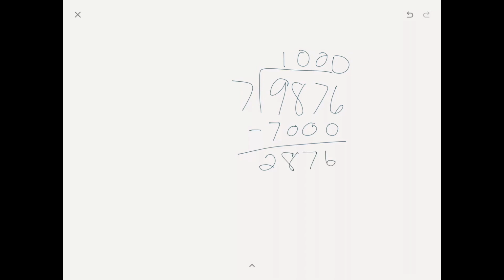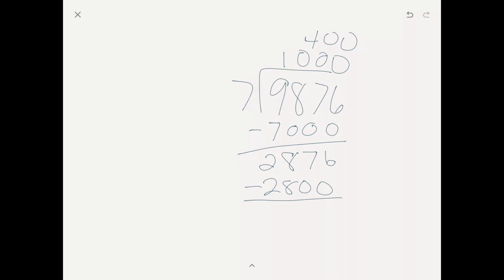2,876. Now, what I know about numbers is that I know that 4 works nicely with an 8, with the 7 there to give me 28, but it's not 28, it's 2,800. And so I'm not really just putting a 4, that 4 is really 400 times 7 gives me 2,800.